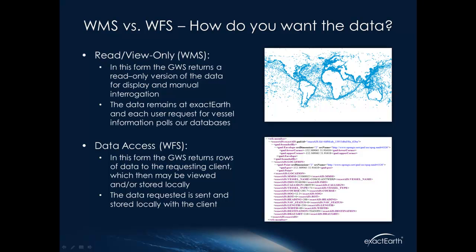The other way of doing it would be to access data as a WFS, a web feature service, and in this form the web service itself will physically return to the client the data I've asked for, in a standard form, maybe as XML or KML, and then I have that data on my local machine and I can choose to do whatever I want to it.